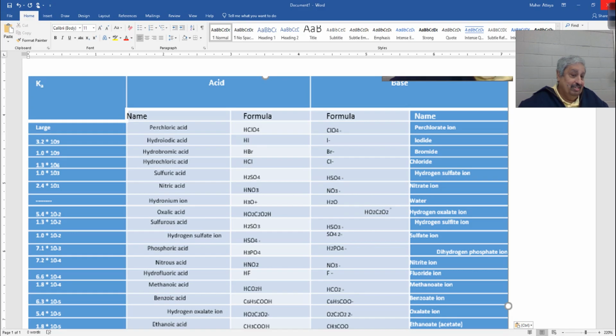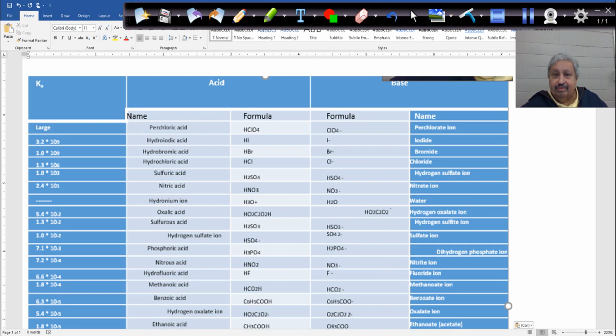And you can see how the numbers are. Those strong acids will give you very large numbers. Let's put a note here. So those are strong acids, we said. 1, 2, 3, 1, 2, 3, 4, 5, 6.